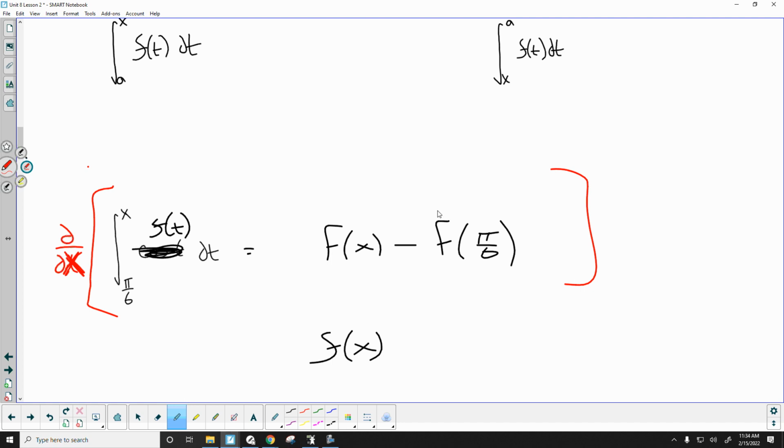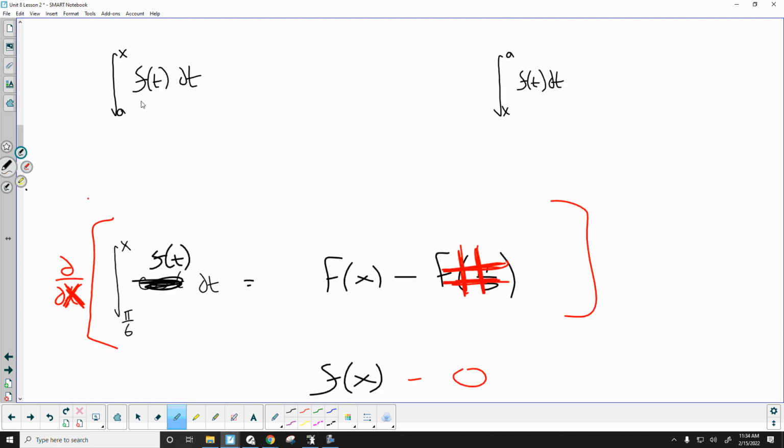But big F of pi over 6 is just a number. A function with a number plugged in, I get a number. The derivative is just 0. Which means the derivative of the accumulation function is just F of x.